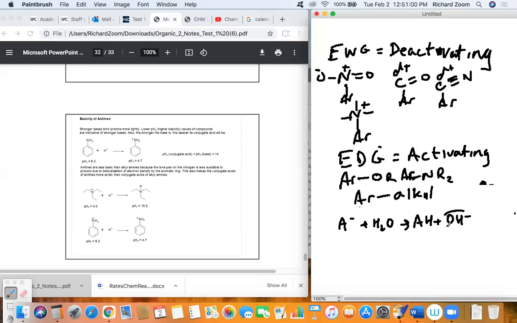And what makes it basic is the production of OH minus instead of H plus. I'll show you a second example here. That's if that was A minus, but if it was A, just A that was neutral, then that would form AH plus OH minus.